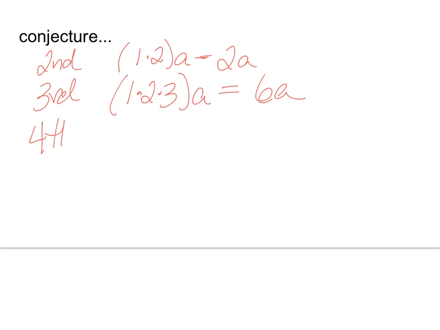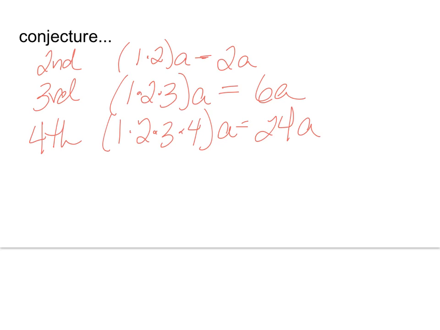A fourth degree polynomial is 1 times 2 times 3 times 4a, which is 6 times 4, 24a. If we had a fifth degree, can you figure out the pattern?